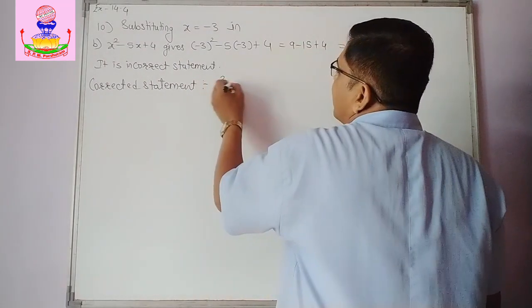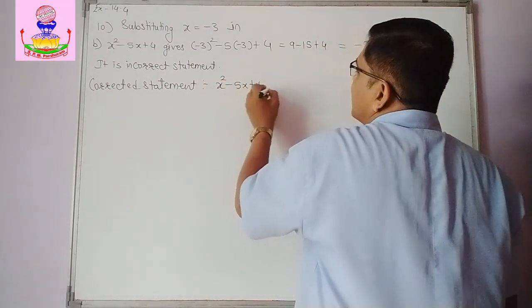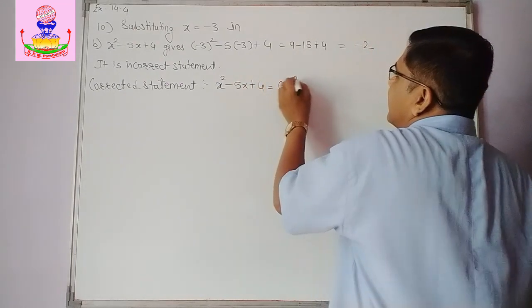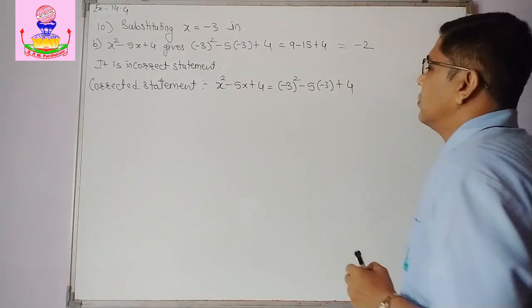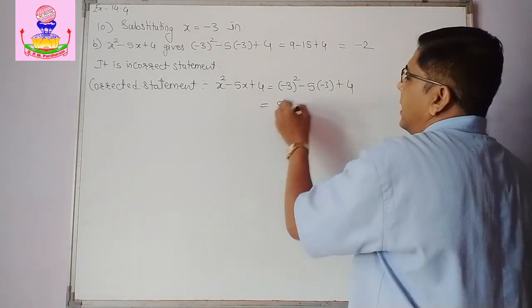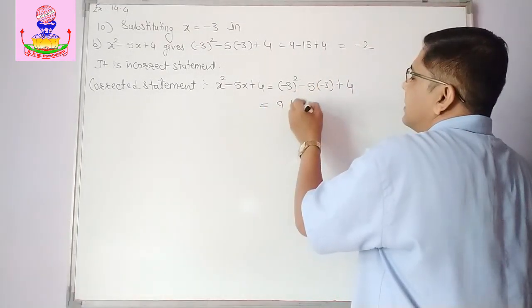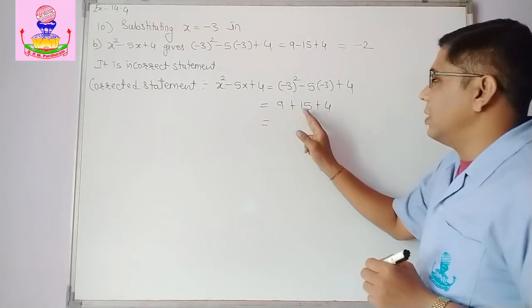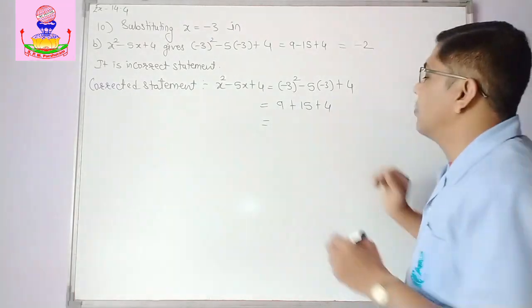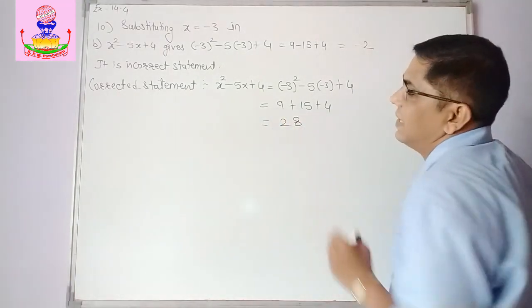So x square minus 5x plus 4 is equal to minus 3 square minus 5 into minus 3 plus 4, that is equal to 9 minus into minus plus 5 3s are 15 plus 4. So 15 plus 9 is 24, 24 plus 4 is 28.